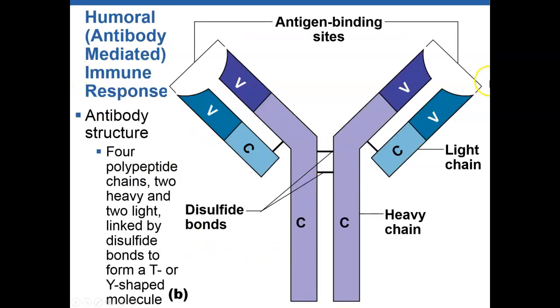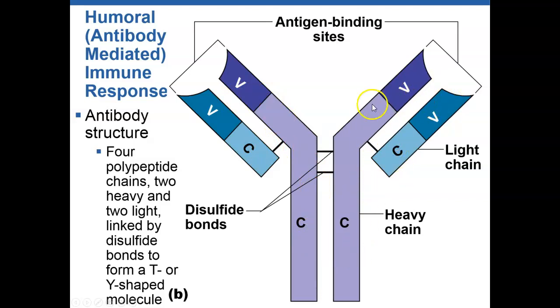So this is what an antibody looks like. You saw that one picture, and that was a computer-generated antibody. This is a diagram of an antibody. Antibodies always have a certain type of shape that's kind of Y-shaped. They have a region called a variable region, and then a region called a constant region.